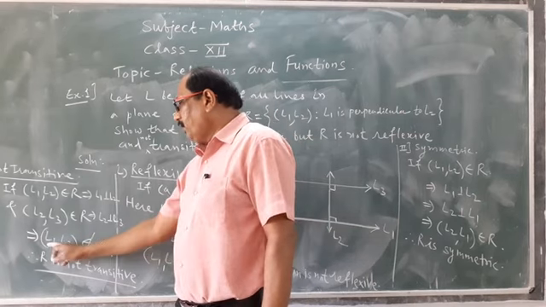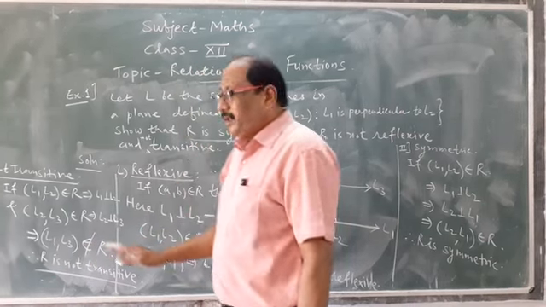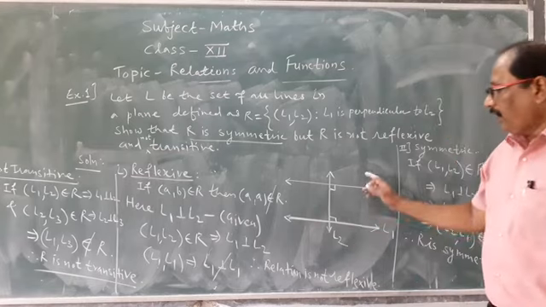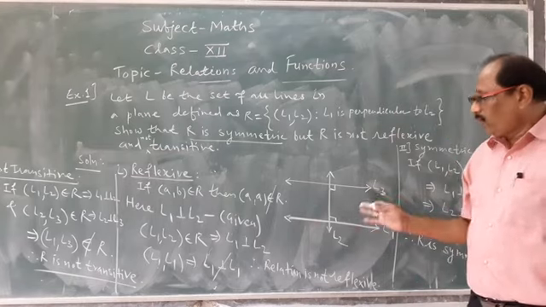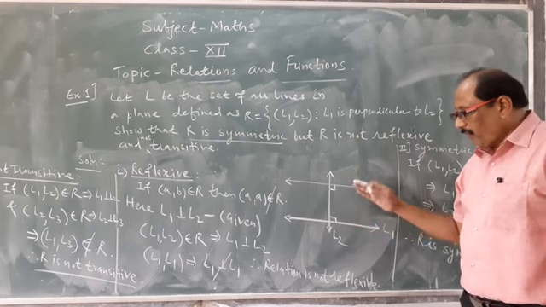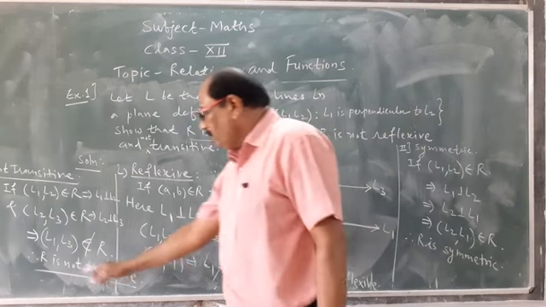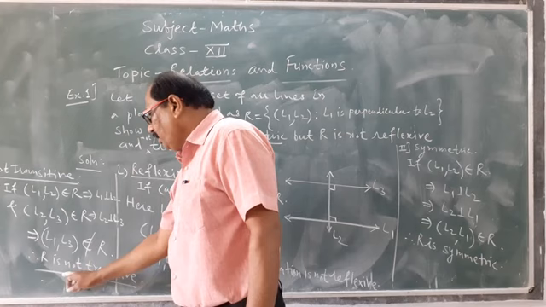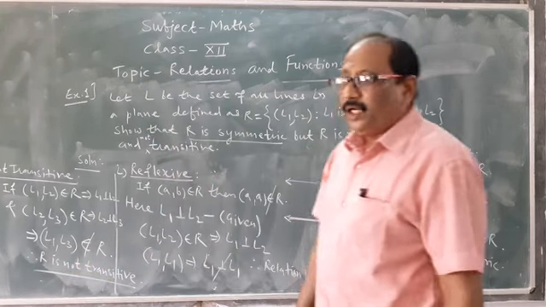But (L1, L3) does not belong to R. These lines L1 and L3 are not perpendicular to each other. Why? They are parallel to each other. So (L1, L3) does not belong to R. This relation is not transitive.